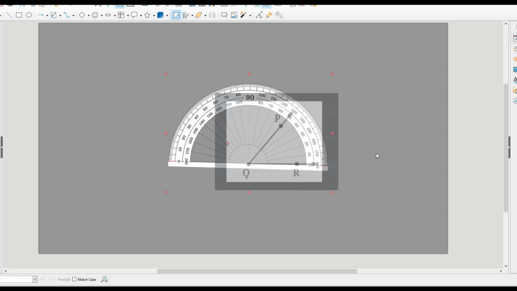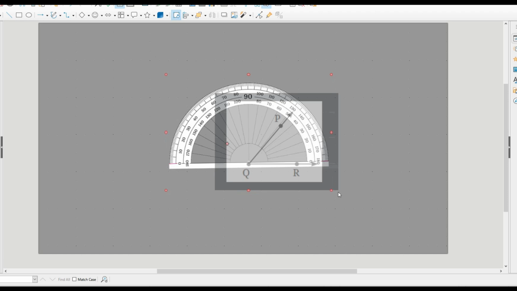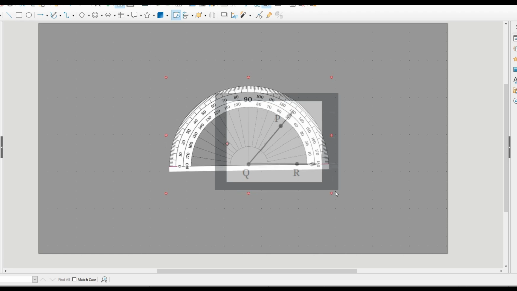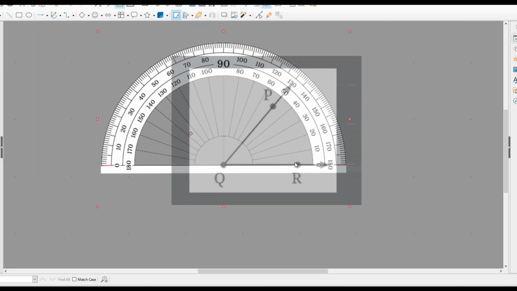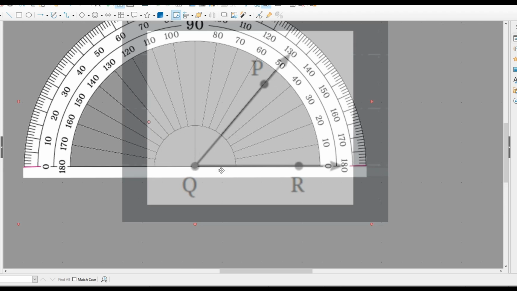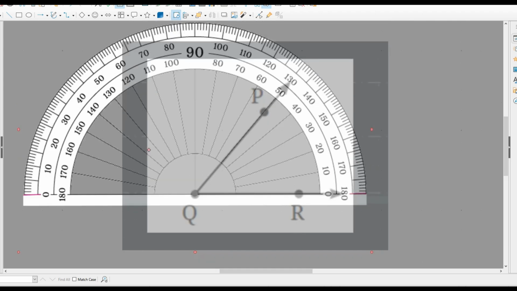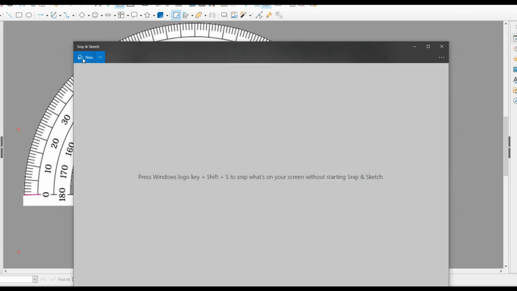Since the software does not allow me to do it directly, I have to go through this. So basically, they're asking us to do this. Let's zoom in. Can you see that the center, the 0-degree and the arm are all aligned properly? Now let me take a screenshot. It's much easier to explain that way.